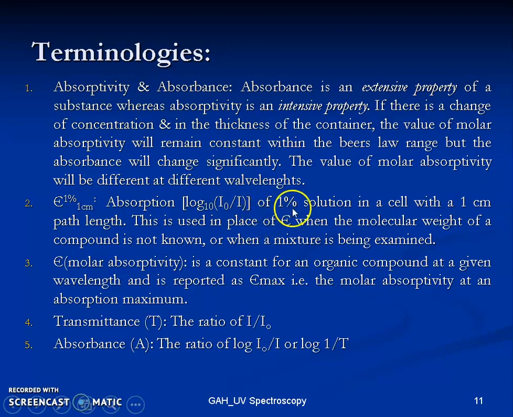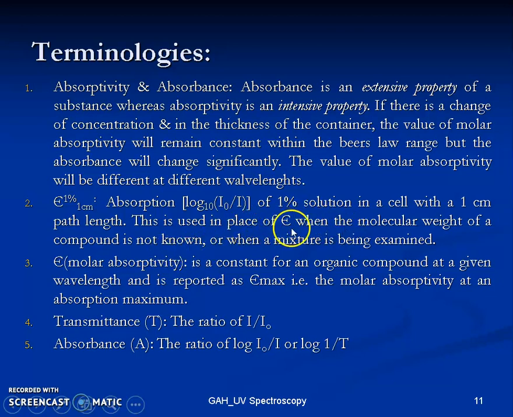If we take the absorbance of a 1% solution in a cell with a 1 centimeter path length, then whatever absorptivity value we get, we call it E 1% 1 centimeter. This is used in place of epsilon, the absorptivity, when the molecular weight of the compound is not known.